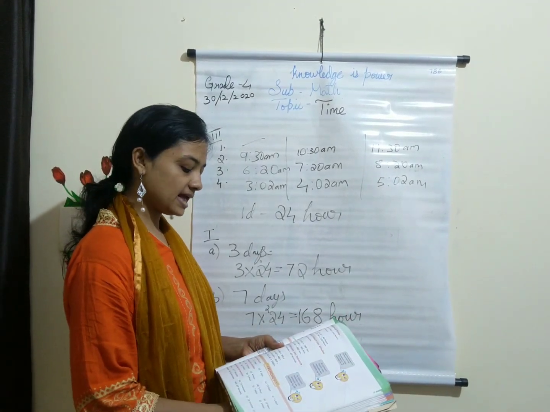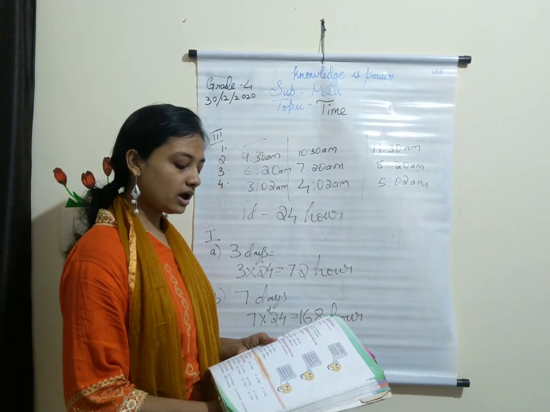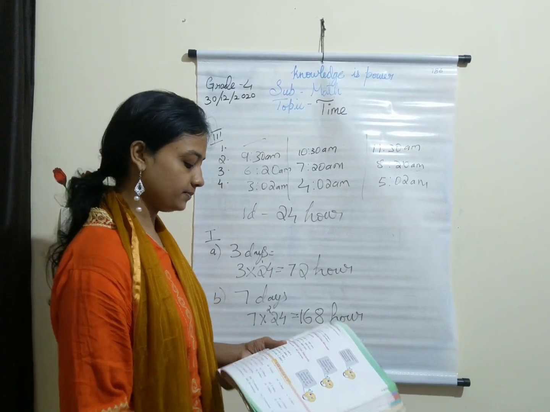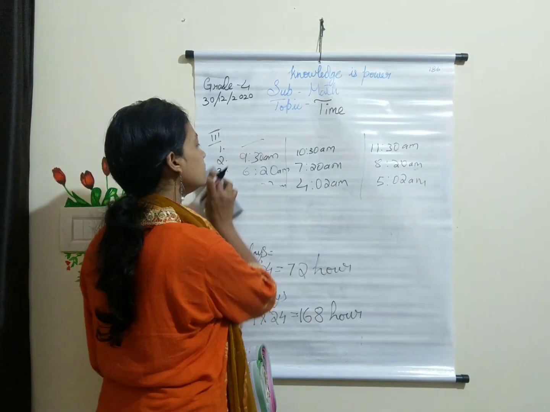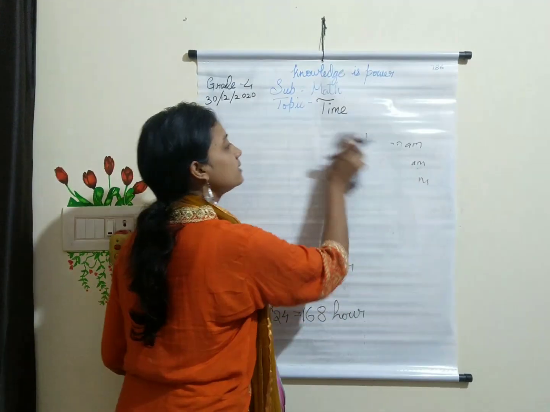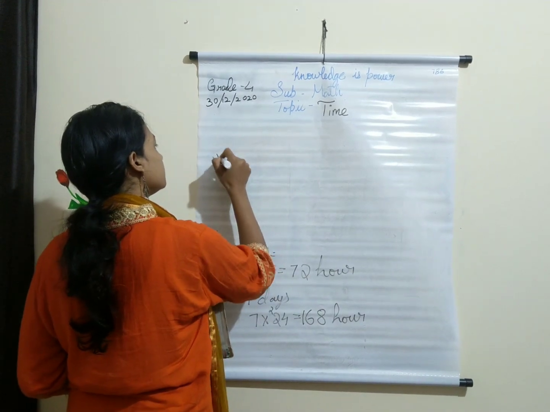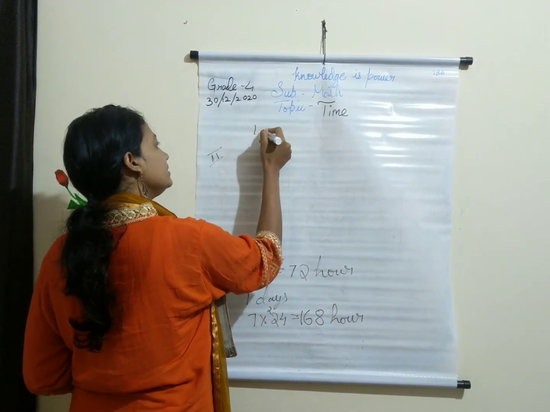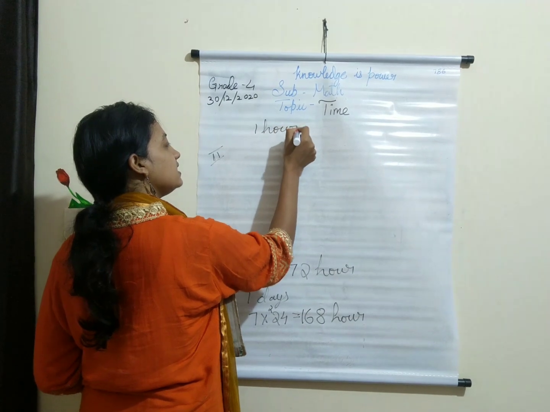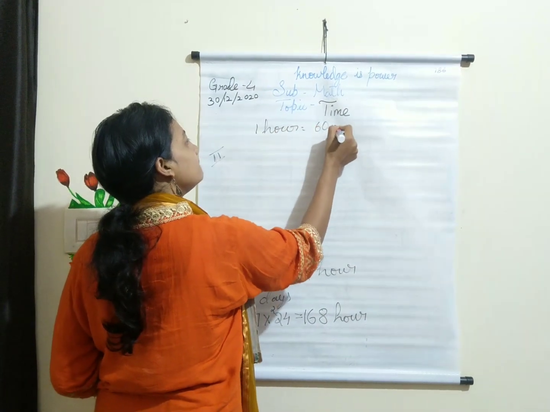Now let's go for the second one. Convert hours into minutes. They are given in hours, and we have to convert into minutes. What is the relationship between hours and minutes? You know, 1 hour is equal to 60 minutes.